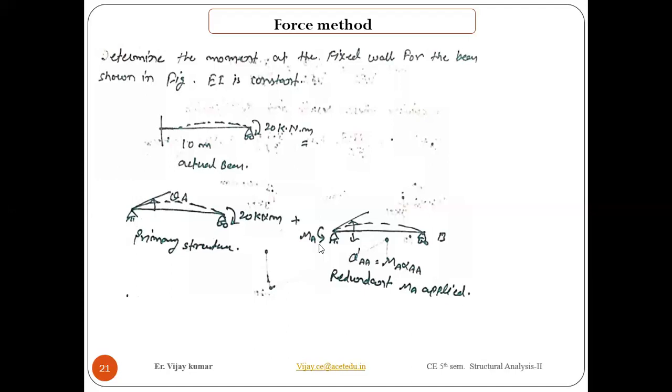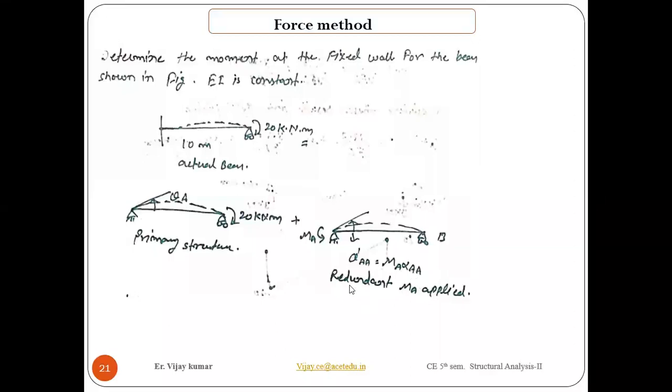Similarly, due to the moment applied here, initially we put a unit moment. So theta AA is the slope or angular deformation taking place at A due to the force applied at A. MA is the couple moment we need to apply, and obviously the moment is going to rotate the body. So it is the couple moment at A times the coefficient of angular displacement.